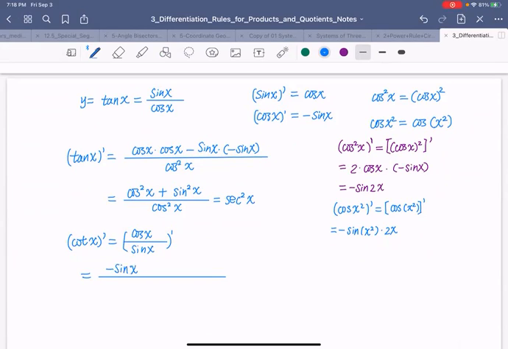Top one derivative times bottom one copy down, minus the bottom derivative, so it's going to be cosine x times cosine x. And then sine squared x above.